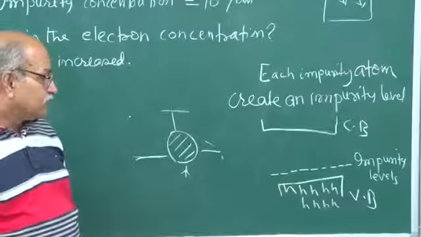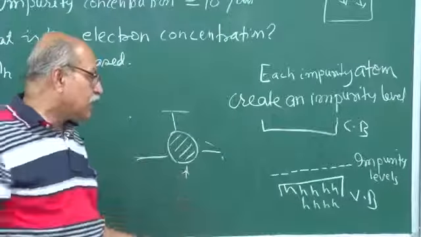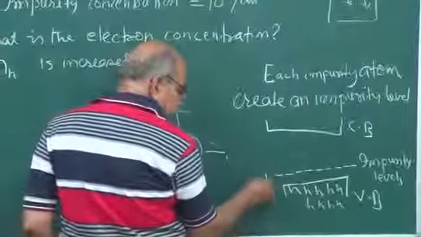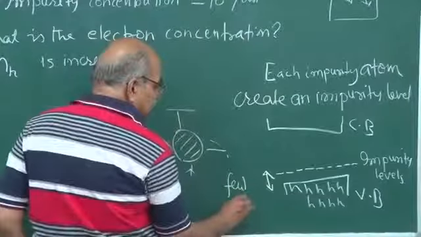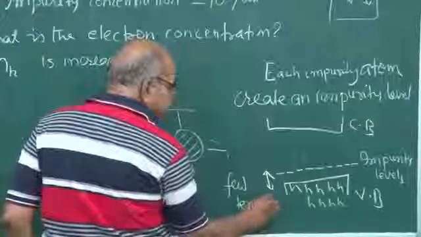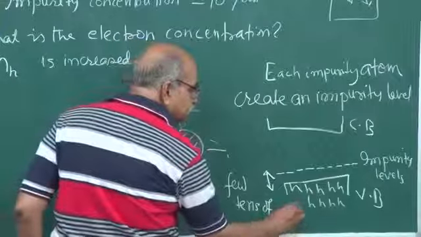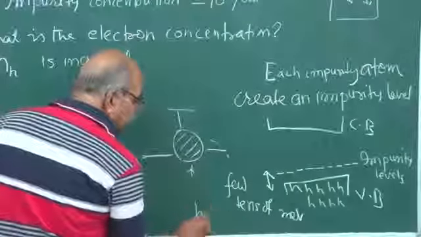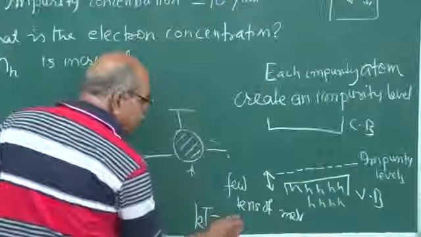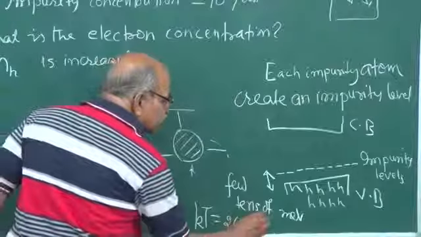But then this ionization is very quick, because this difference is small. This difference is only a few tenths of a milli electron volt. And kT itself, k times T, is at room temperature 26 meV.